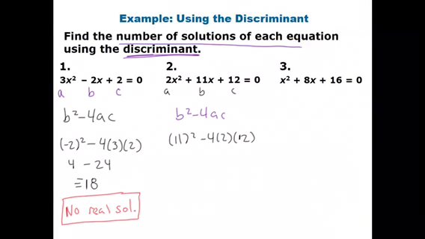Well, 11 squared in this case is going to be 121. And then 4 times 2 is 8. 8 times 12 is 96. So 121 minus 96 gives me a positive 25. Since this is a positive number, that means I have 2 real solutions.